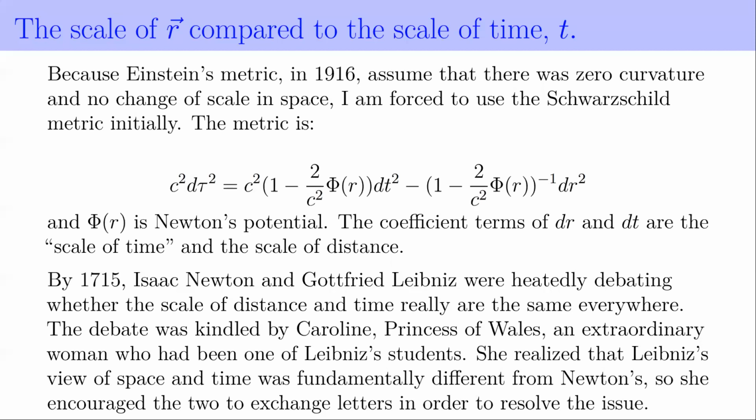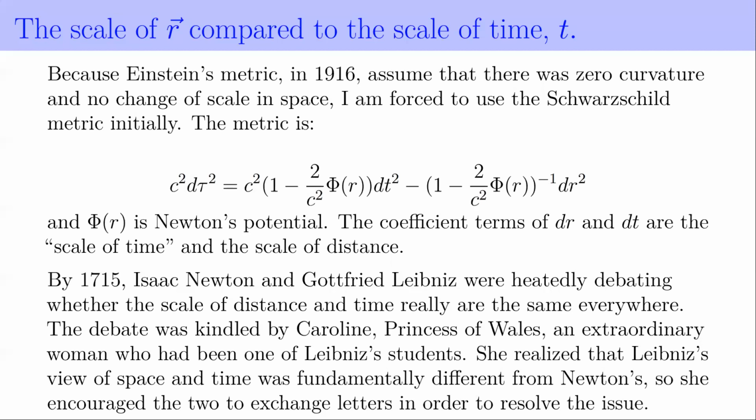Now, just an aside, in 1715, Isaac Newton and Gottfried Leibniz were heatedly debating whether the scale of distance and time really are the same everywhere.